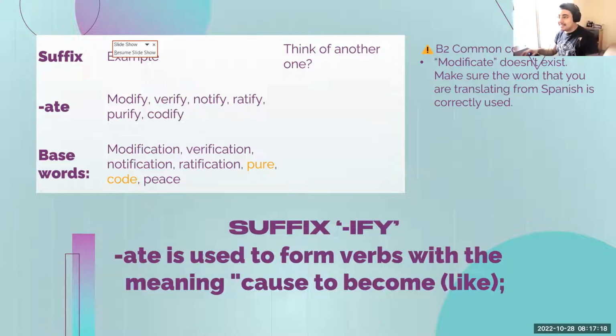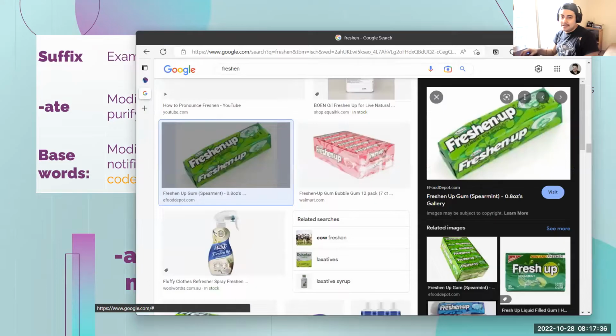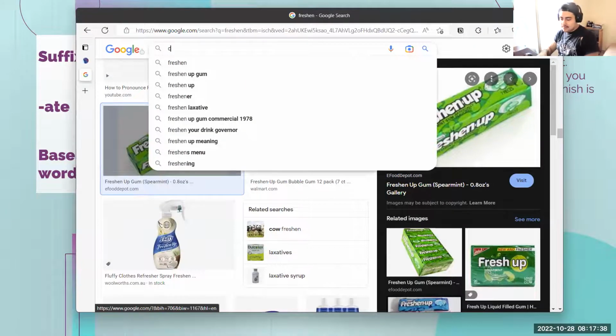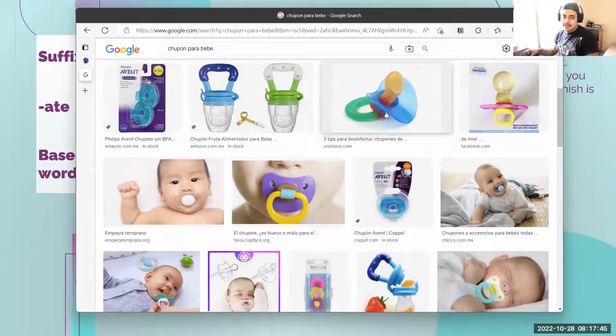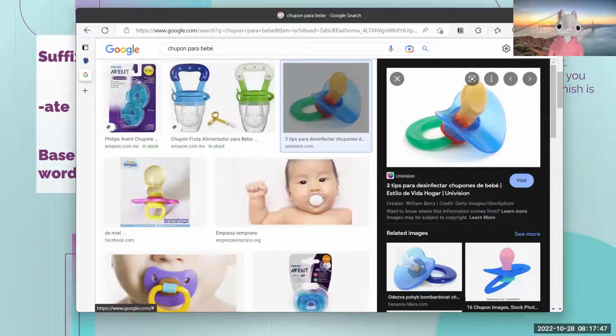And peace. When you make something peaceful, this is a little different. Okay, there's a little transition here. Peace is like love and peace. Don't worry, be happy. And then when you put, for example, do you know what is the name of this in English? Pacifier.